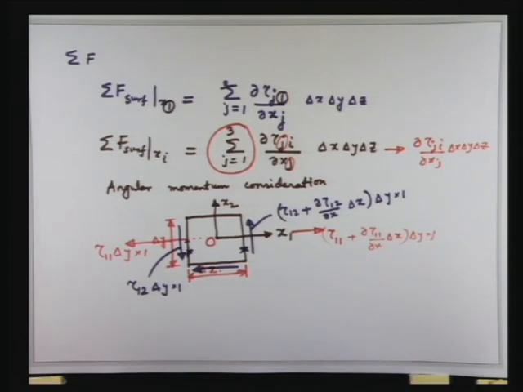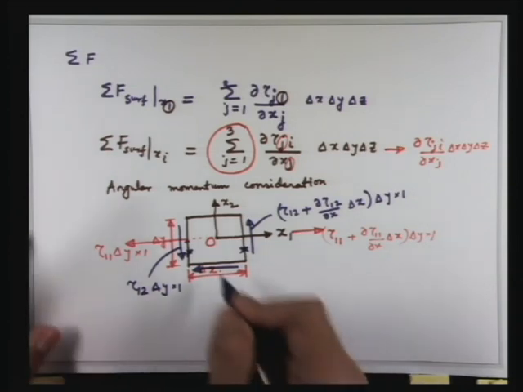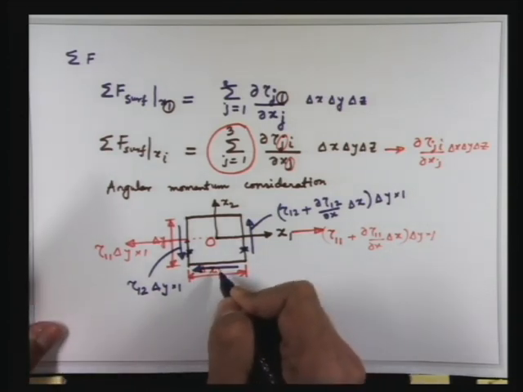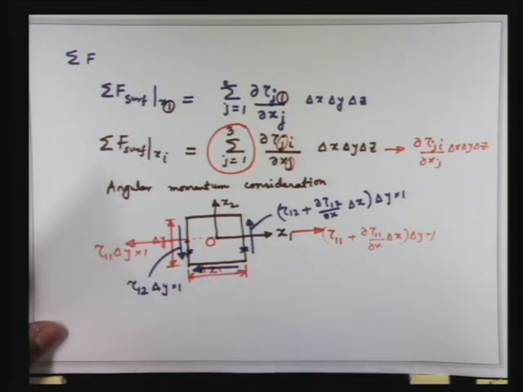But my objective is not to show you a strict derivation. My objective is to give you the idea of what leads to tau ij equal to tau ji, because we do not have that much time to go into all the rigor. So the choice of origin is up to you.